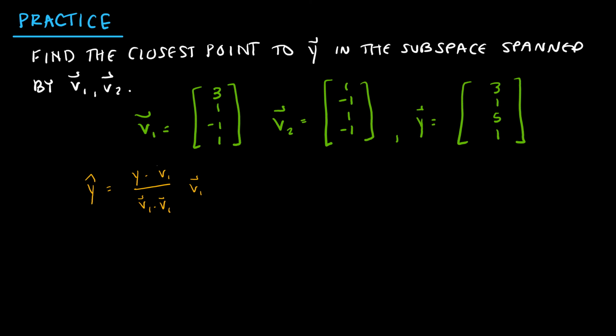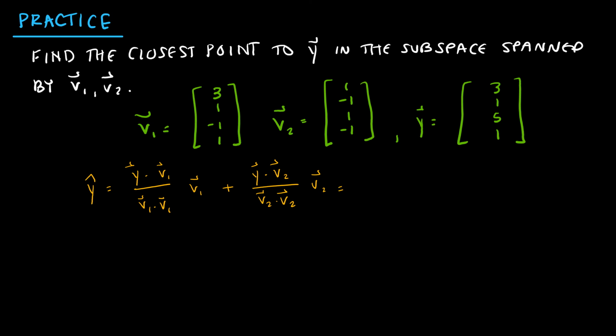Forgive my lack of arrows. And then I'm going to add to that y dotted with v2 over v2 dotted with v2, multiplied by vector v2.